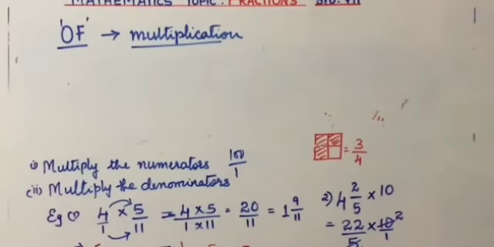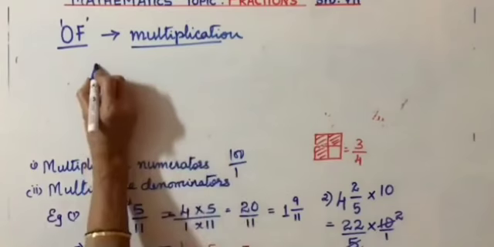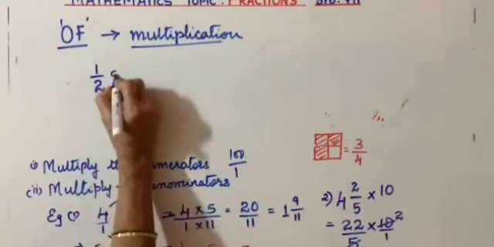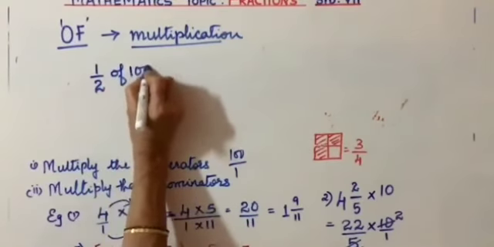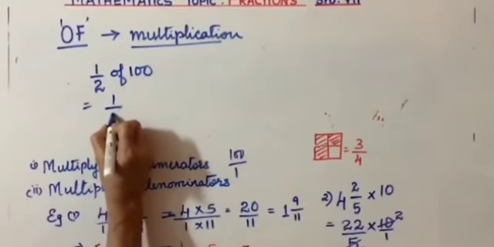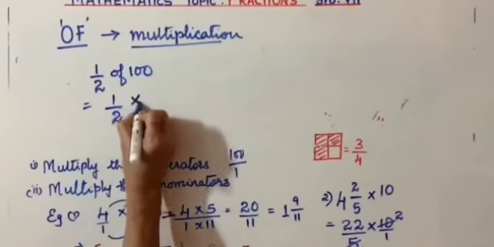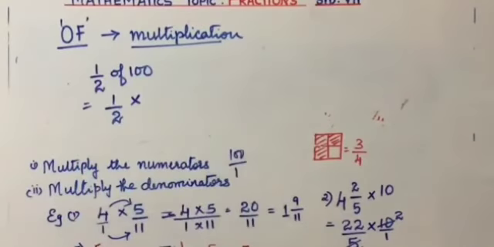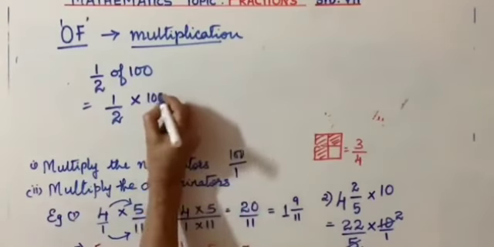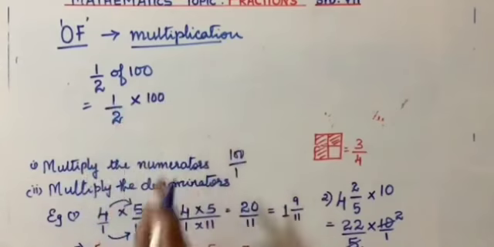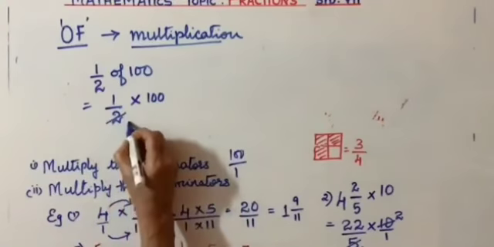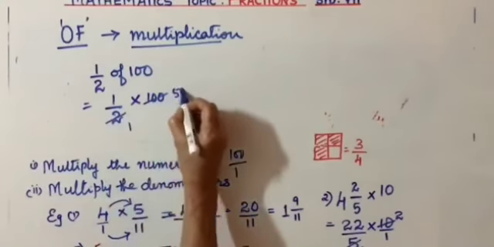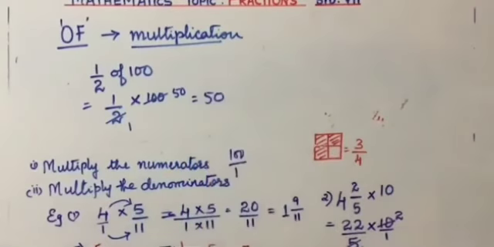Actually, what you are doing here is, when I ask you half of 100, you are actually doing half of means multiplication, of represents multiplication sign of 100. So half of 100 is 50. How? 2 ones, 2 50s. Answer is 50. Clear, children?